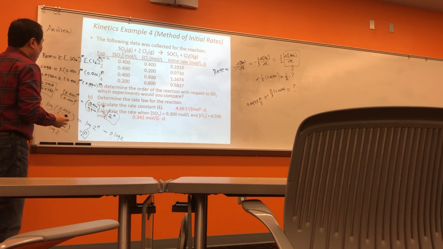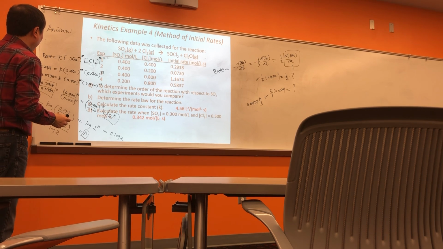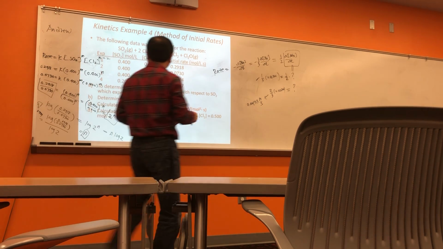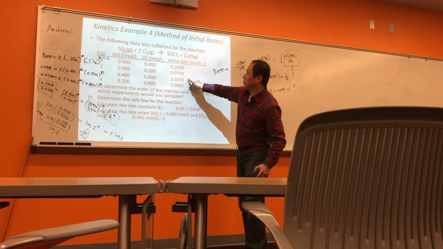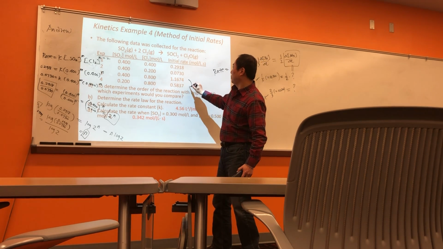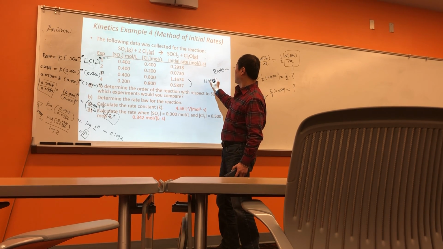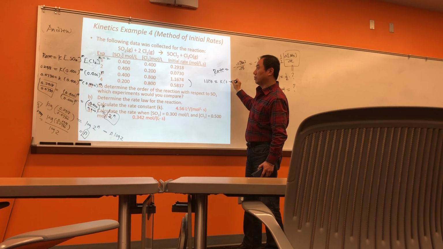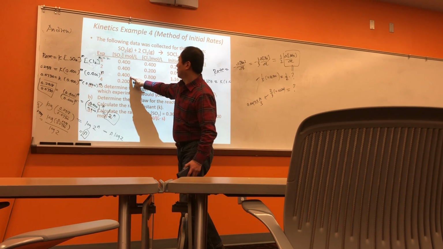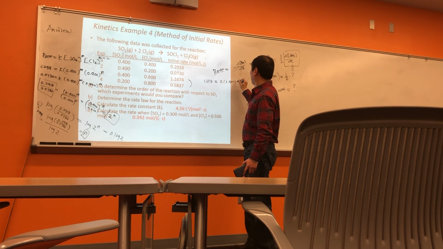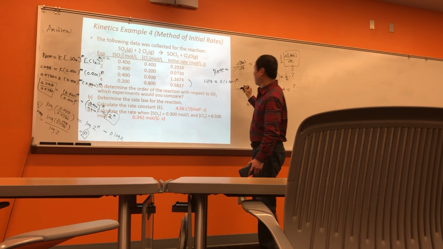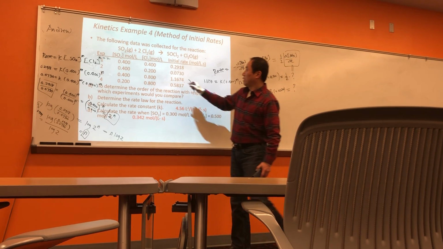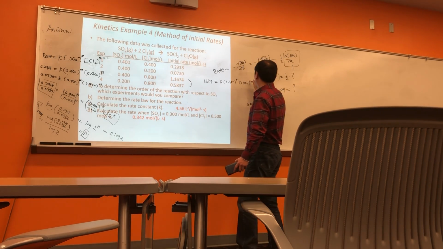Now let's use different data to find out m. To find m, you could use these two data. If you use these two, my reaction rate is 1.1674 equals k, initial concentration for SO2 is 0.400 to the m, and 0.800, and we know n already, that will be 2.